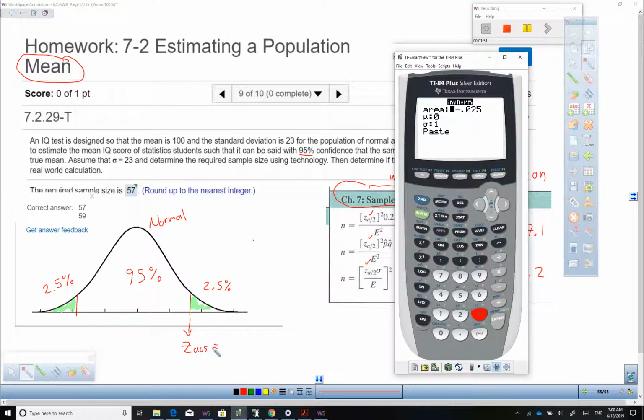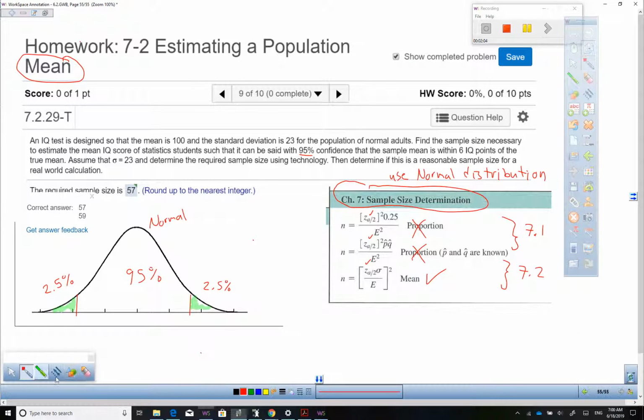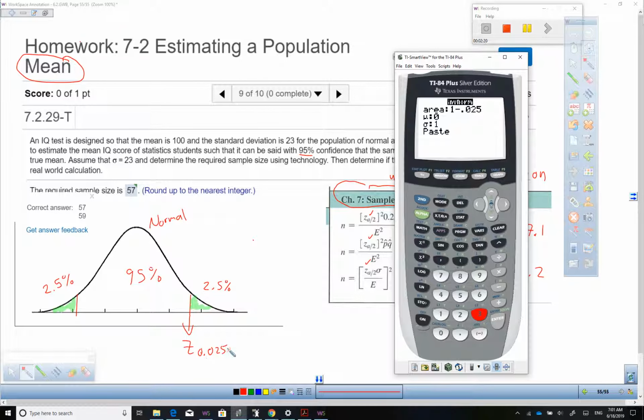The area here is 2.5%, which corresponds to 0.025. That is the area on the right. So we need to subtract that from 1 to get the area on the left, and we keep 0 and 1 as the mean and the standard deviation. We hit enter, we hit enter again, and we have the critical value.